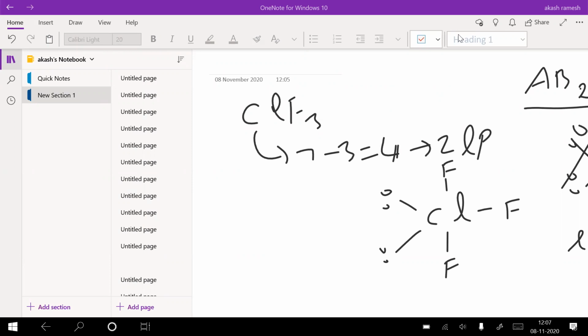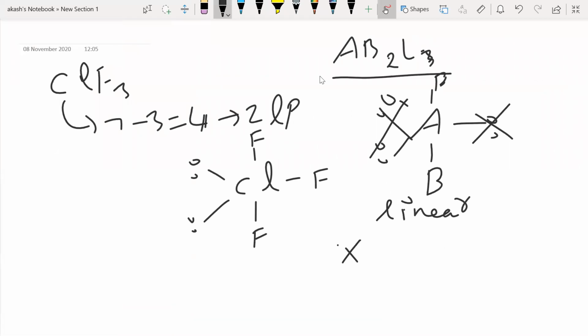And if you're not able to give me an example, I'll completely understand because it's a little tricky. Sir, example for AB2L3, sir. Yeah, AB2L3. Yes. XeF2, sir. Xenon difluoride. XeF2. Yes, I think it works. Wonderful. Yes, that works. Okay.